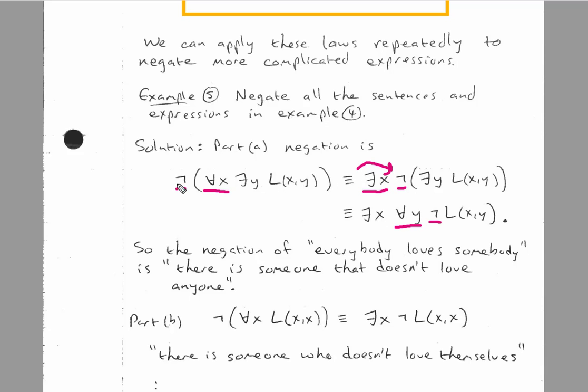So the negation starts out on the left, and then we just keep moving it. It keeps jumping over, and every time it jumps, it switches an existence to a for all, and a for all to an existence. So the original negation is equivalent to there exists an x, so that for all y, not Lx comma y.